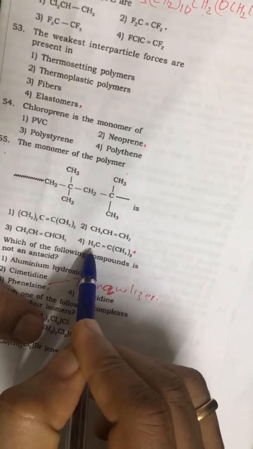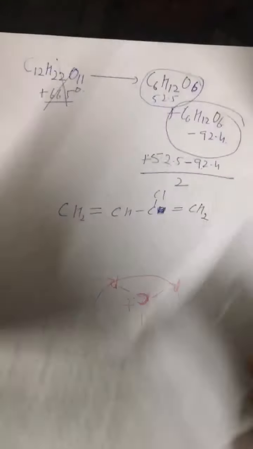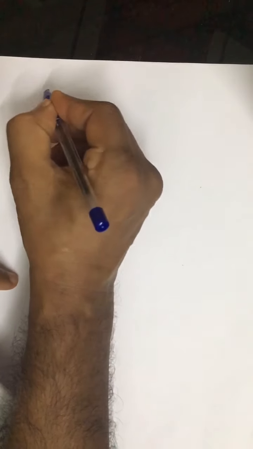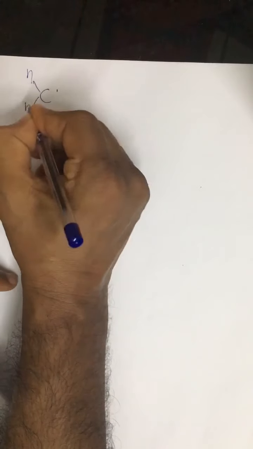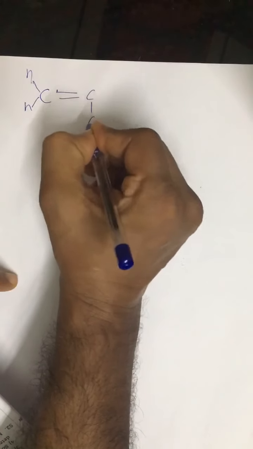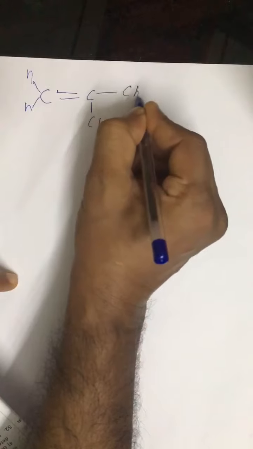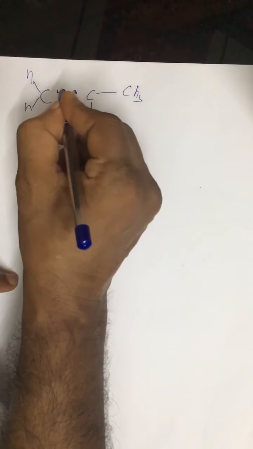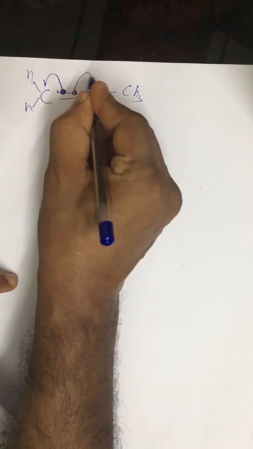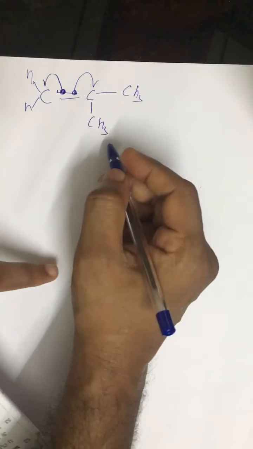The correct answer is fourth option. That is, see, it is CH2 double bond CH3 and CH3. See what happens if it is homolytic mechanism.